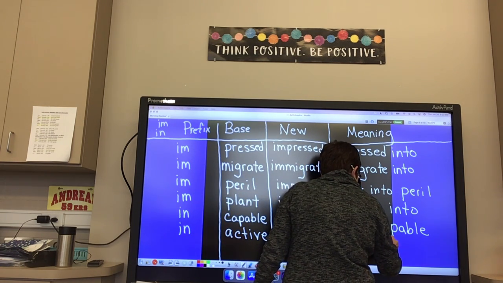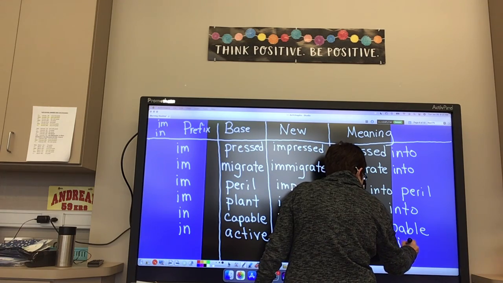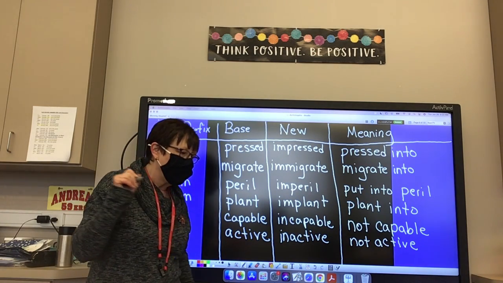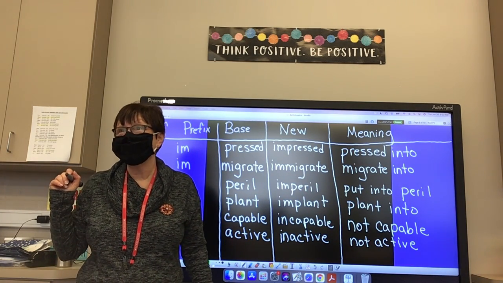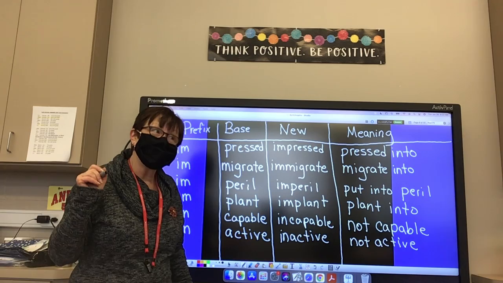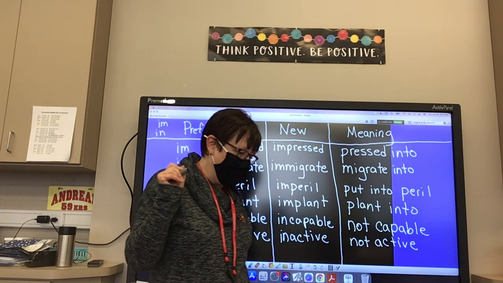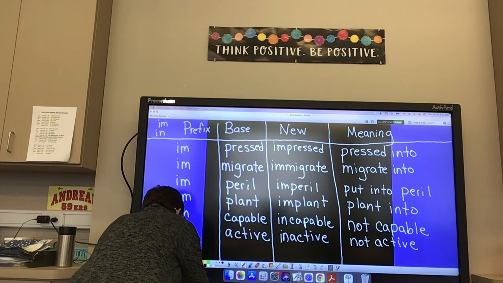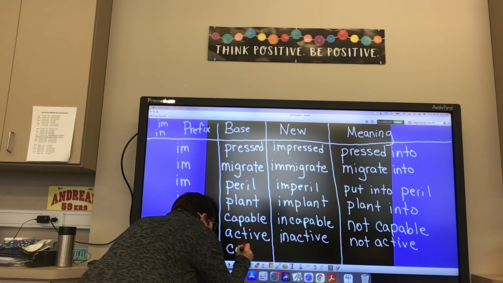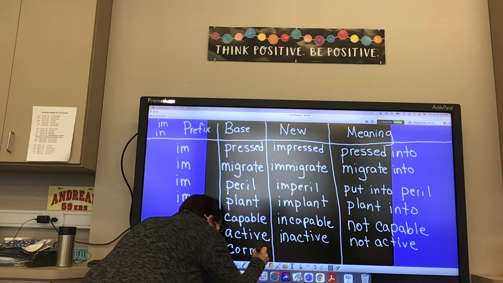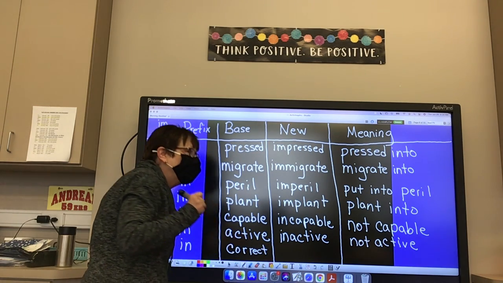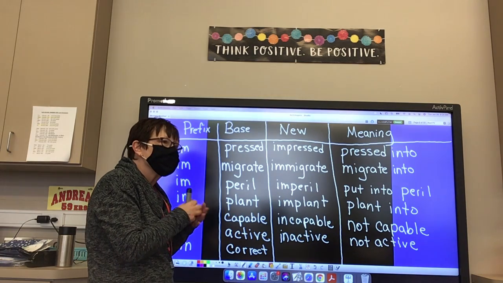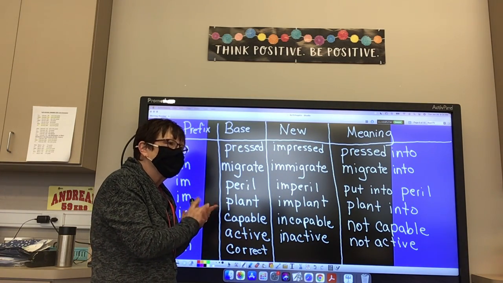How many more are we going to do? Maybe we'll do another in one. I think the trickiest one was probably the im one. The not ones are probably a little bit easier. How about this one? In plus correct. What do we think that one is, Woody?